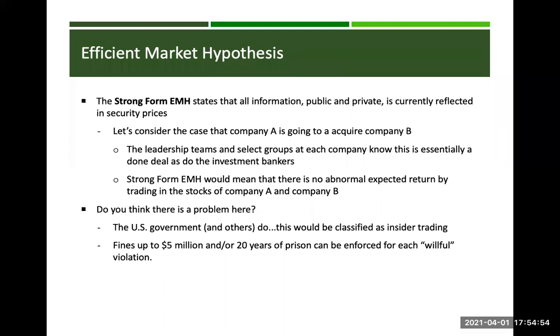And so let's consider a case where company A is going to acquire company B. When this happens, typically it is done through closed door negotiations. Only a few people really know what's going on, or a small group of people know what's going on.